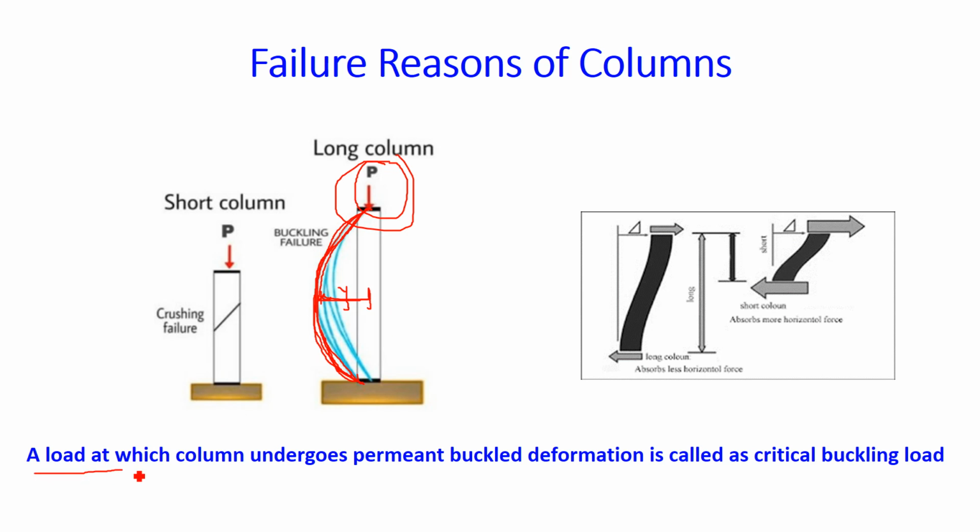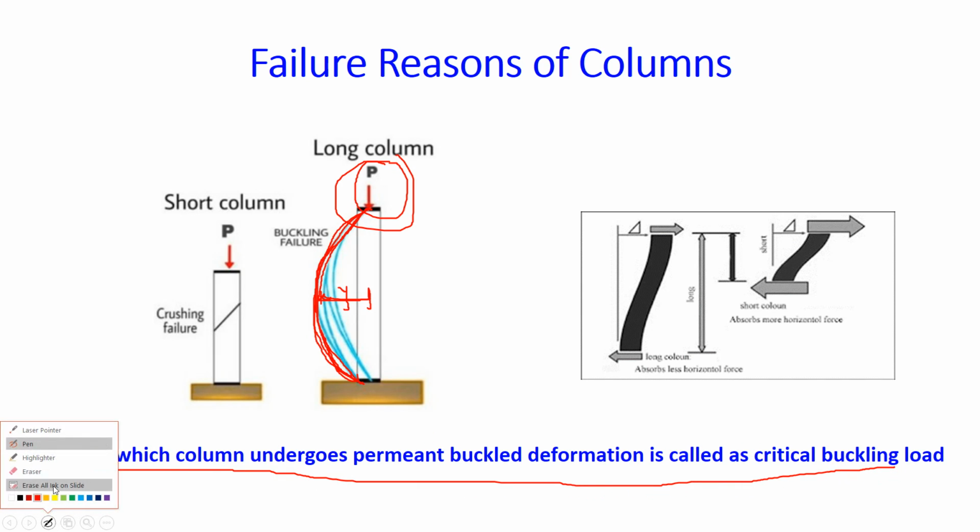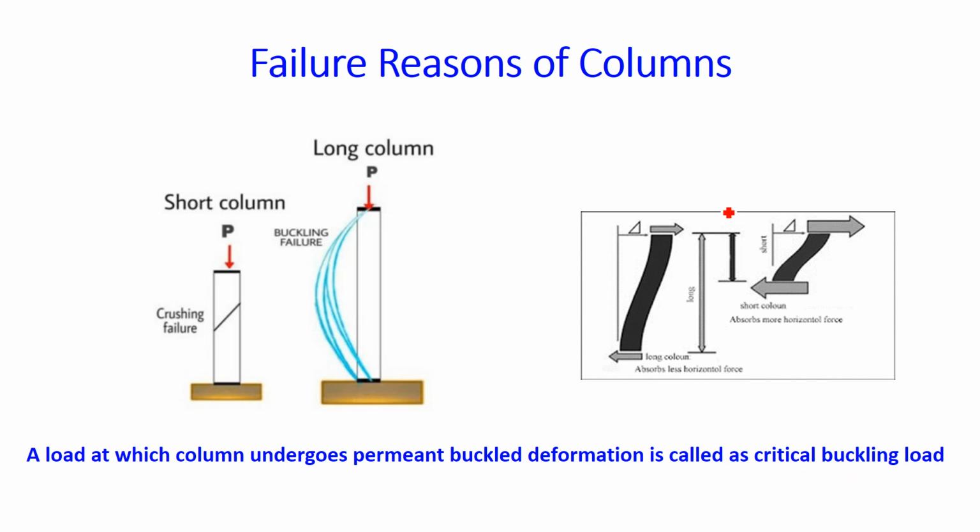Here it is written, a load at which a column undergoes permanent buckle deformation is called the critical buckling load. Another point to remember is that a long column always absorbs less horizontal force, whereas a short column always absorbs more horizontal force. Okay.